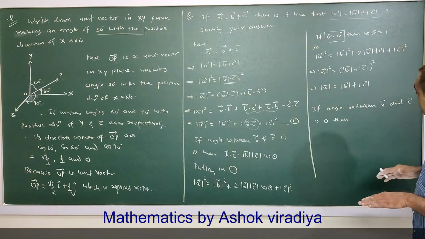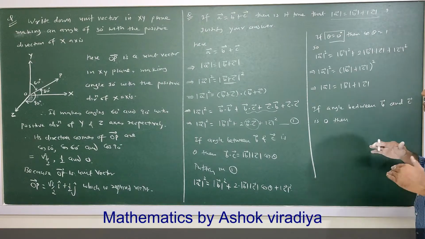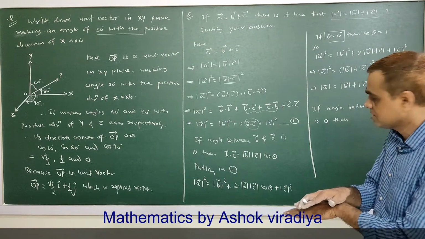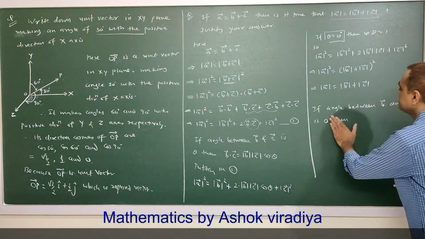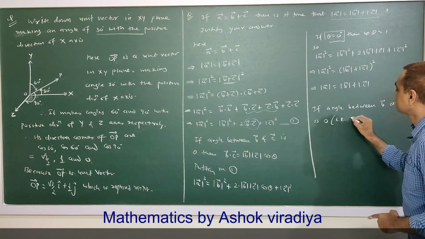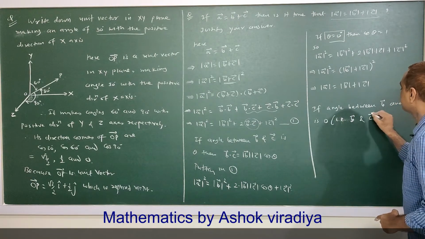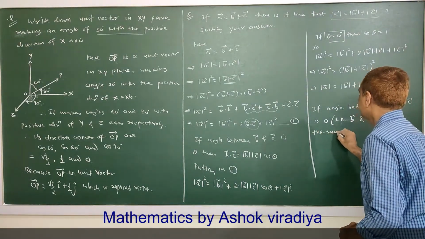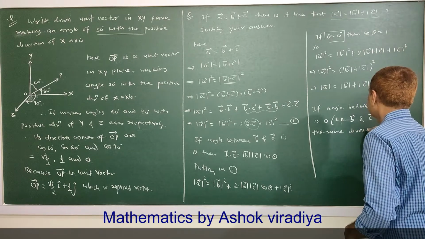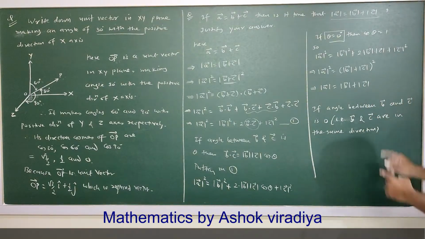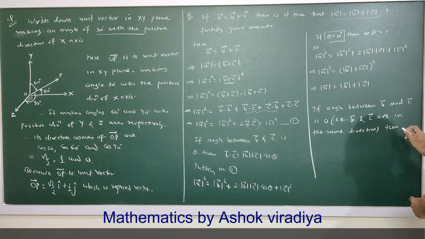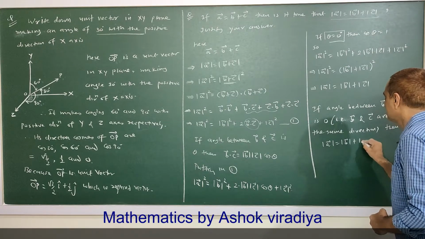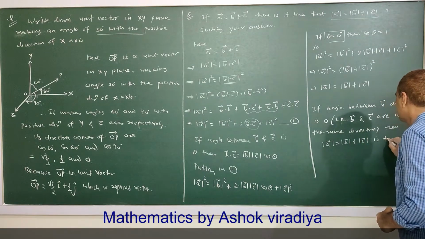Now when angle is 0, vector B and vector C are in the same direction. If so, then this is true.